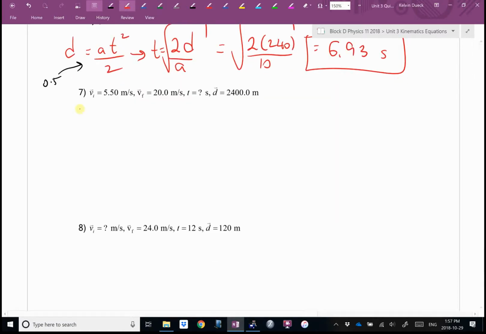We haven't used this equation yet, this quiz. It's going to be VI plus VF all over 2 times T. In fact, I don't know if I've given you this equation finding T by itself yet. But I think we can figure it out. What's going to drop down like a domino?